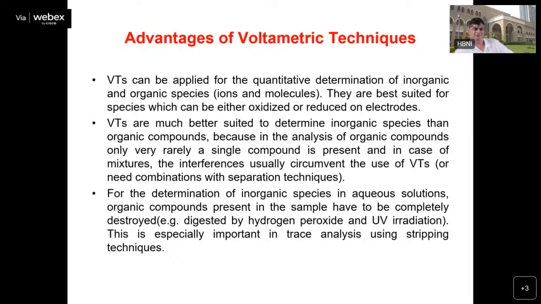And we can do that by using wet digestion, or by dry ashing if it is a solid. So here also, in the determination of various kinds of analytes by voltammetry, we have to destroy the organic content.